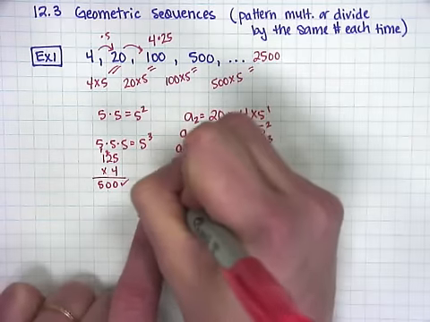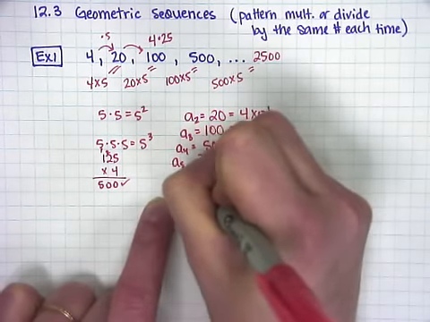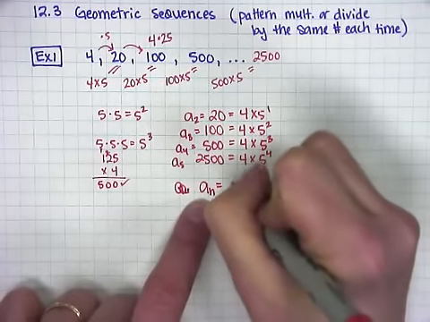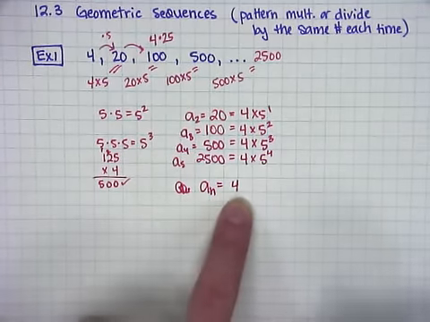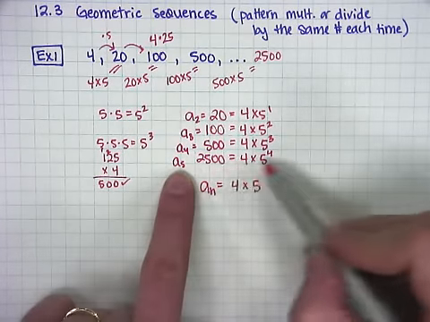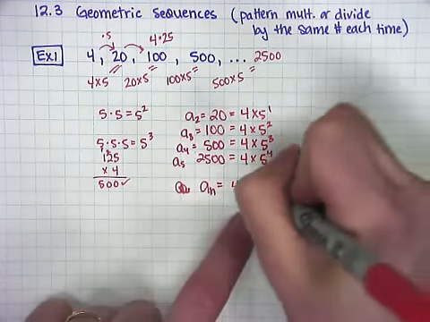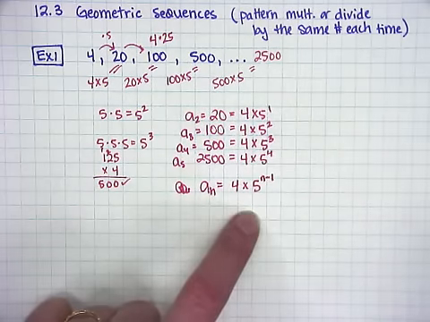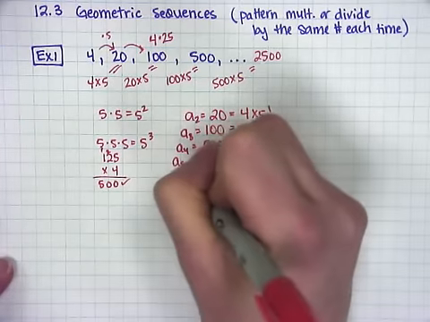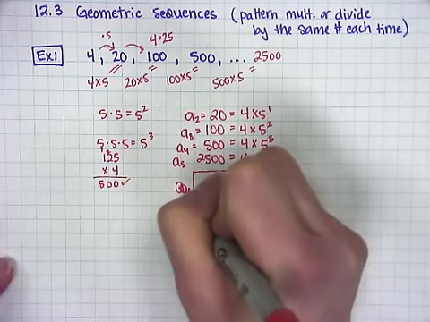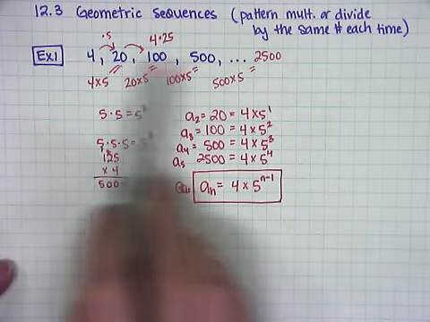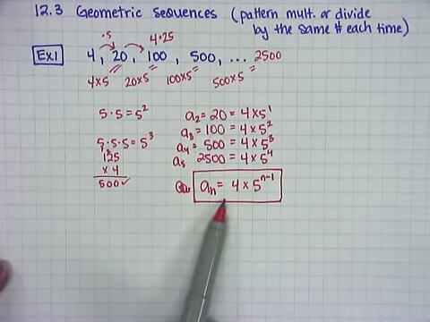So if I wanted to write a formula a sub n, I would say a sub n is equal to, well, it's a 4 every time, times 5. And then the power is always 1 less than the term, so I would say n minus 1. Now, this is going to be the formula for my geometric sequence for this problem.